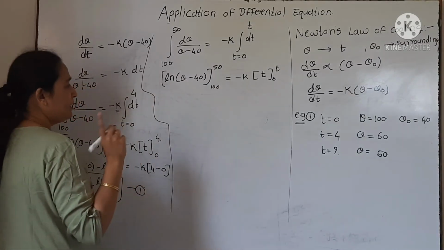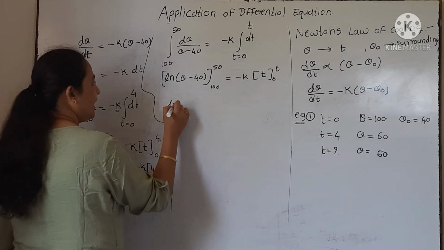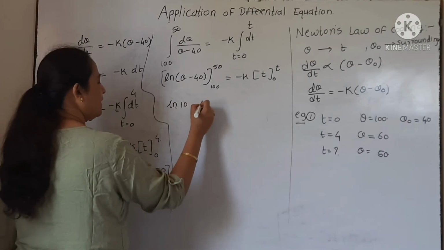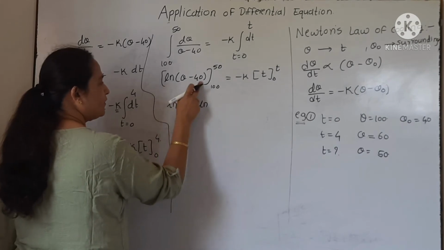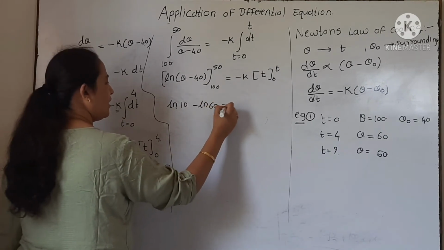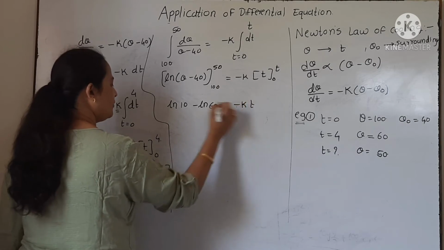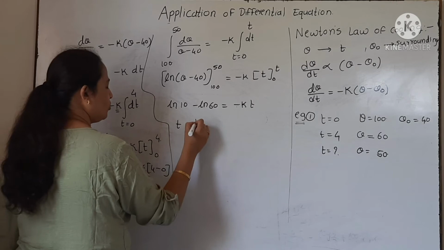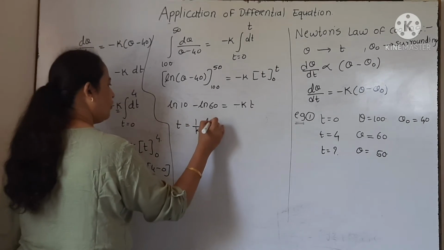Apply limits, upper limit minus lower limit. You will get ln of 50 minus 40, that is 10, minus ln of 100 minus 40, that is 60, equal to minus kt. Absorb this negative sign on the right hand side. You will get t is equal to 1 upon k ln of 6.